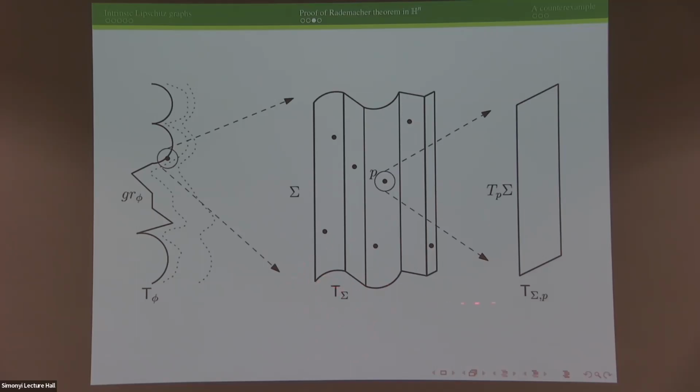The blow-up of the current will be some current concentrated on the tangent plane. Now, our goal is to prove that this tangent plane is unique, okay? It doesn't depend on P.